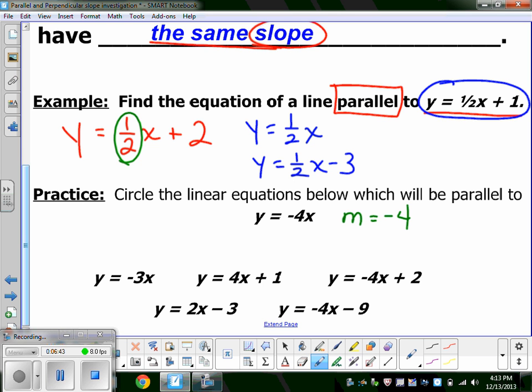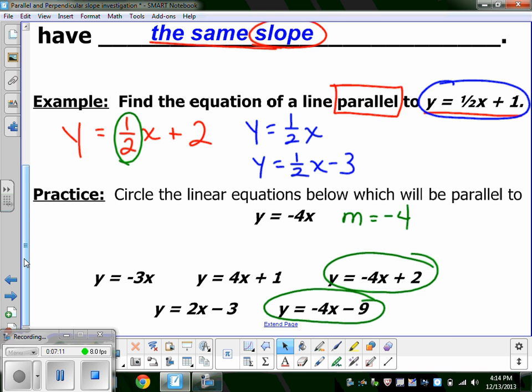If we look at the 5 linear equations given to us below, only 2 of these linear equations have the same slope. Therefore, y equals -4x plus 2 and y equals -4x minus 9 are lines that will be parallel to y equals -4x. The other 3 choices do not have the same slope.